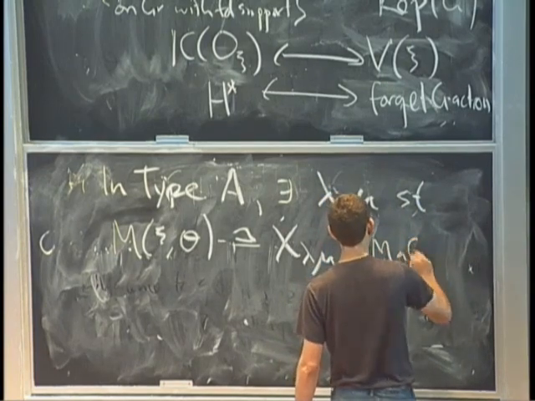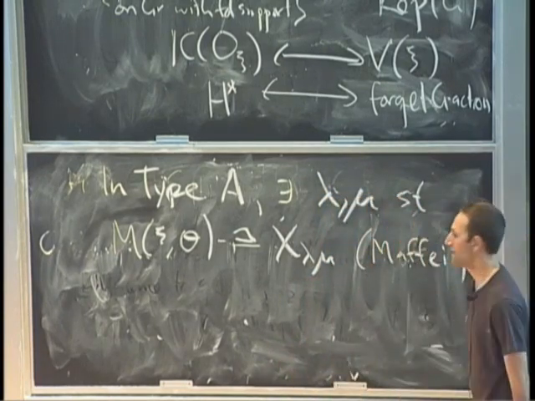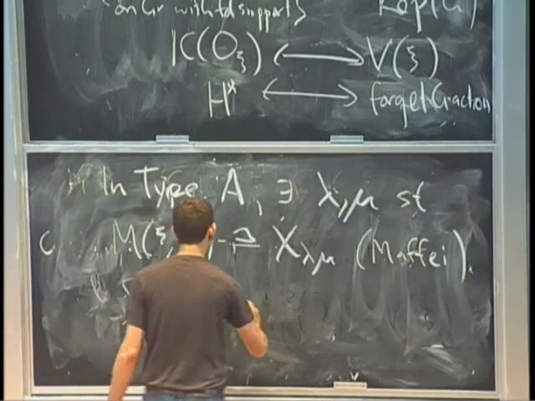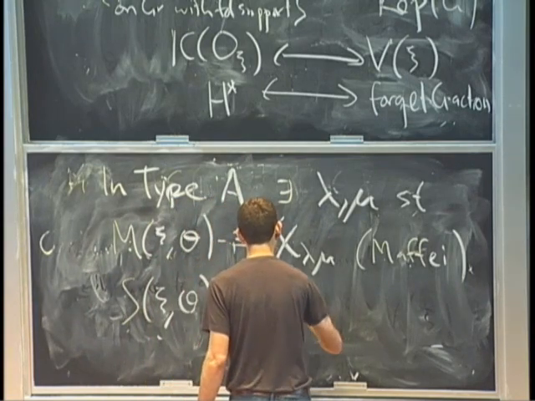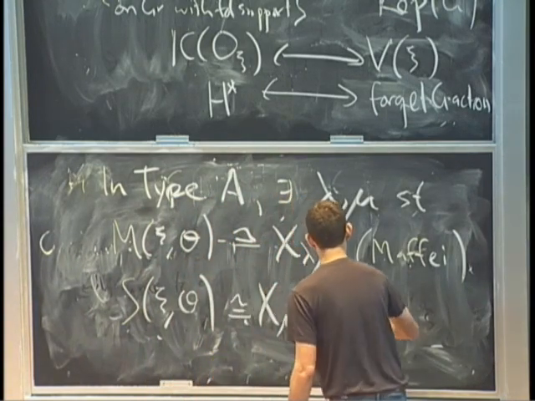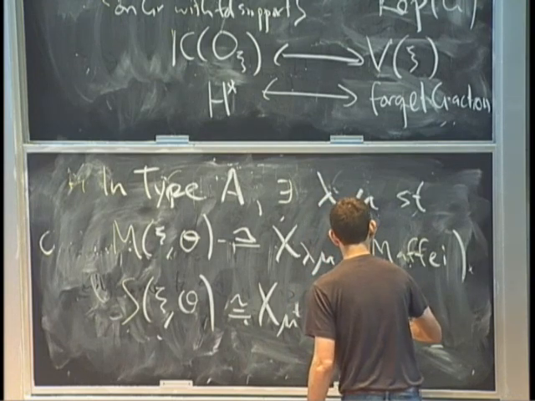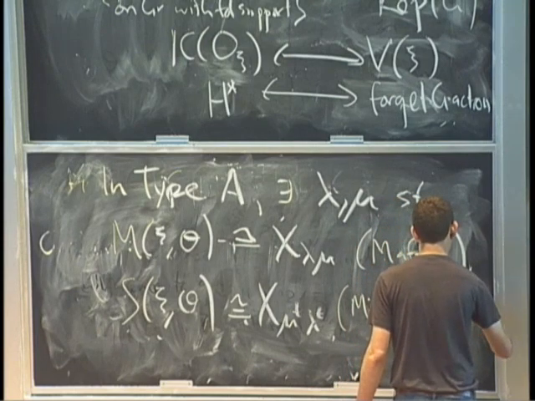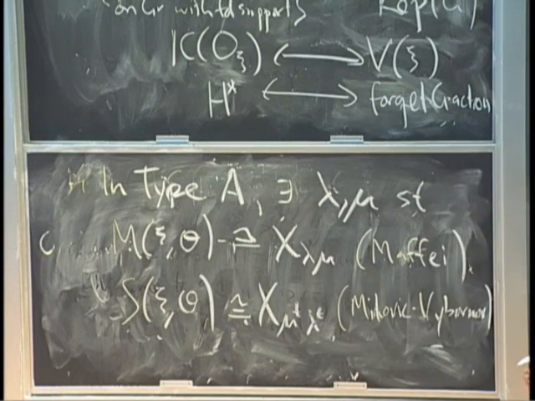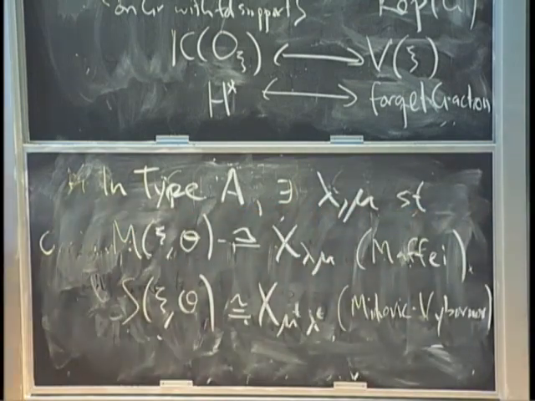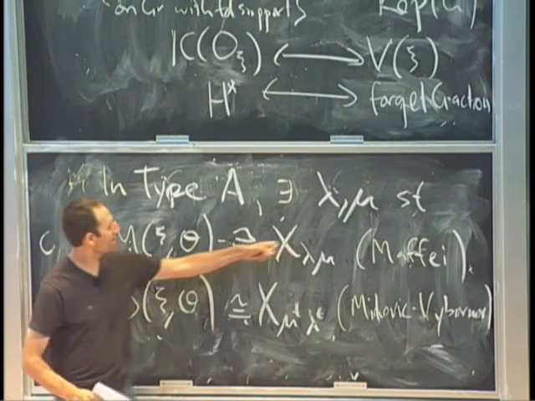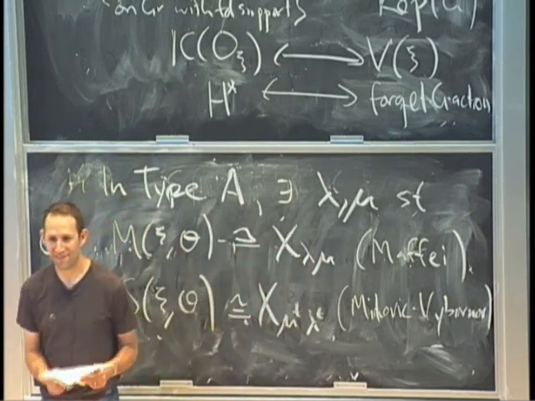So this is due to Maffei about 10 years ago. And this variety S Xi theta is isomorphic to none other than X mu transpose lambda transpose. So this is due to Mirkovic and Vybornov. So in type A, the conjectural symplectic duality between this space and this space follows from the honest symplectic duality, essentially due to Beilinson-Ginzburg-Soergel's parabolic-singular duality between this space and this space. Okay, I'll stop there.